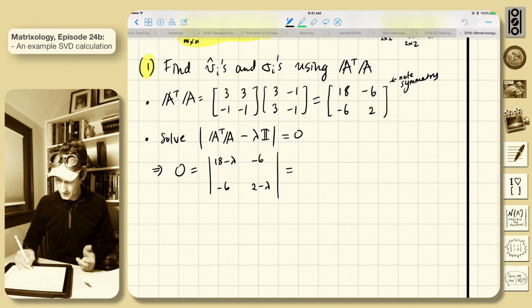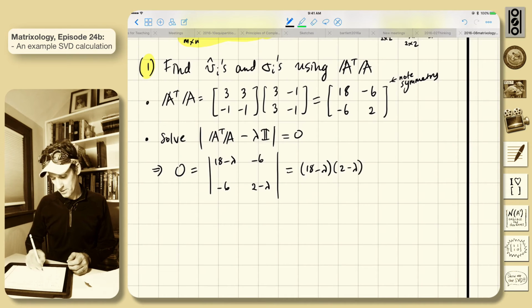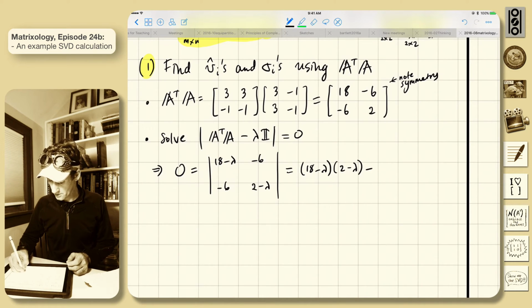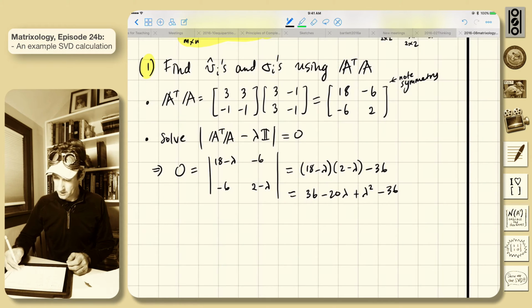Taking the determinant of the 2 by 2: 18 minus lambda times 2 minus lambda, minus minus 6 times minus 6, so minus 36. Working with this a little bit, very sneakily, there's going to be a 36 minus 20 lambda plus lambda squared, minus 36.